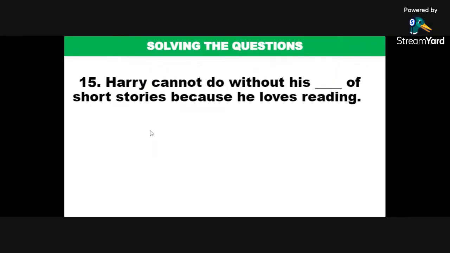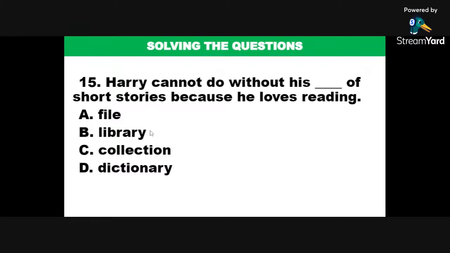Moving on, we get to question 15. Harry cannot do without his dash of short stories because he loves reading. Okay? Option A, file. B, library. C, collection. And D, dictionary.